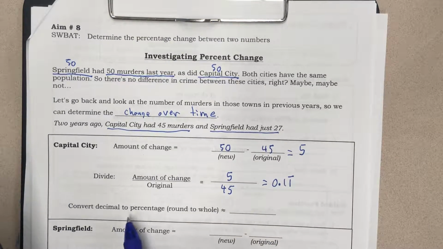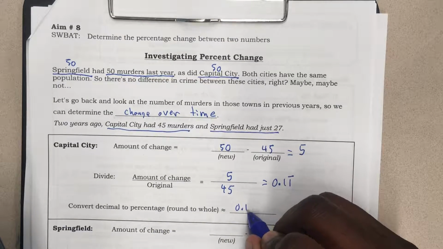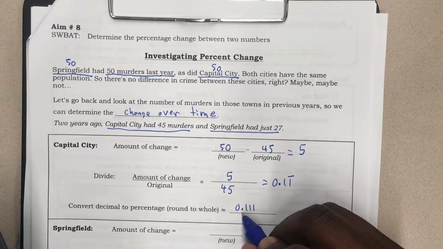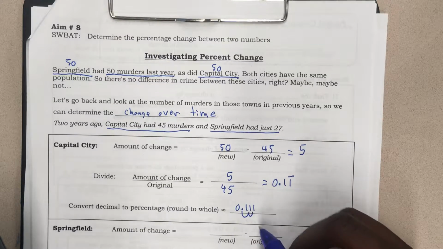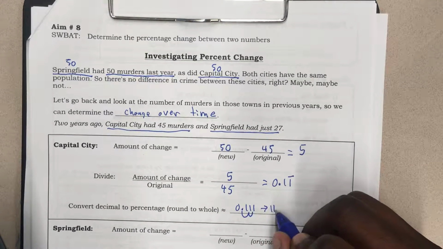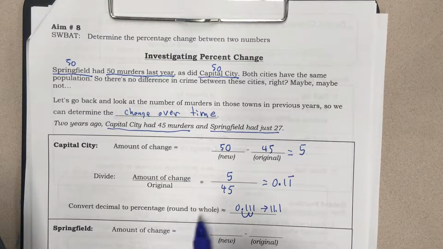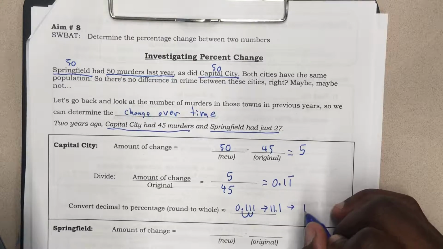It says convert the decimal to a percentage, round to the nearest whole. So if I got 0.111 and I'm converting it to a percentage, that means I move my decimal over twice, multiplying by 100, and I'm left with 11.1, and if we're going to the nearest whole, that means we're going to have 11%.